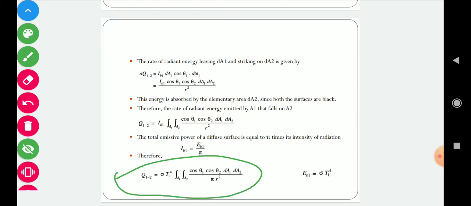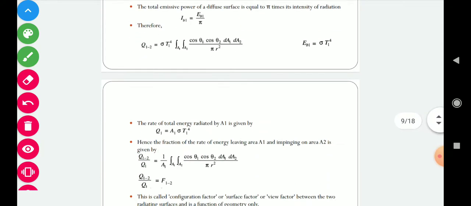Now this E b1 is sigma T1 raised to power 4, which can be calculated with the help of the Stefan Boltzmann law. If you replace this E b1, finally you get this equation.